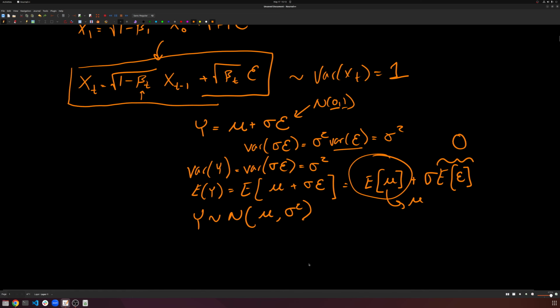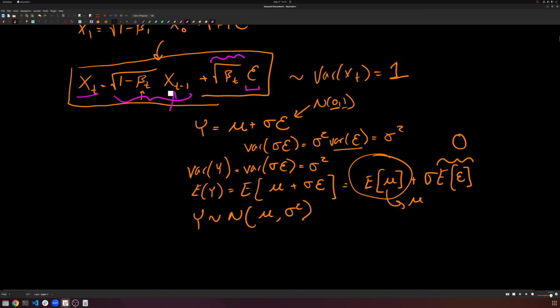And so all I'm trying to get at here is that if you take some noise that's normal 0, 1 in this case, scale it by a constant, and then add a constant, you end up with something like this. Well, is that not what we're doing here? We're taking some epsilon, scaling it by some constant, and then adding some constant. And this is a constant because remember, to create xt, we input xt minus 1.